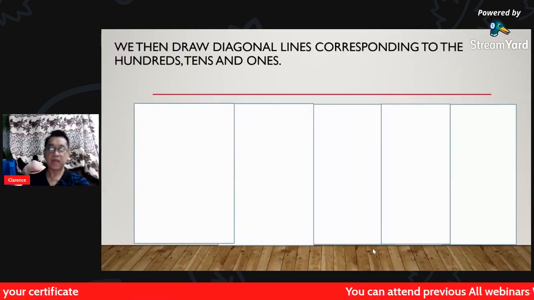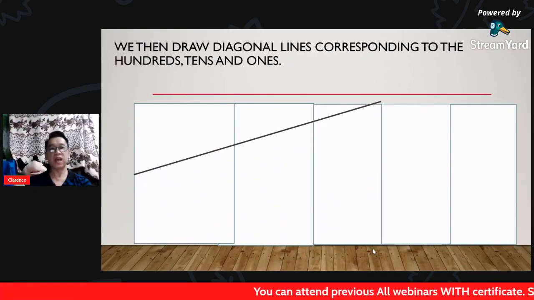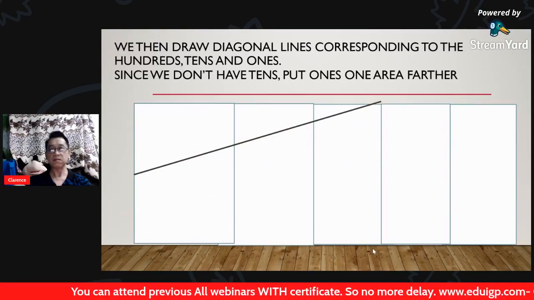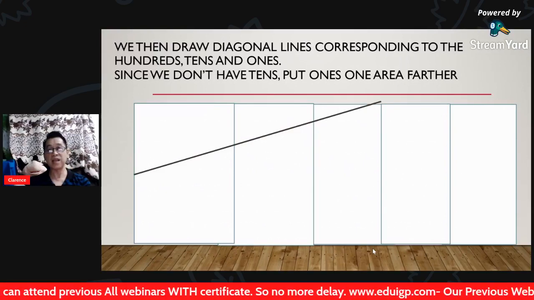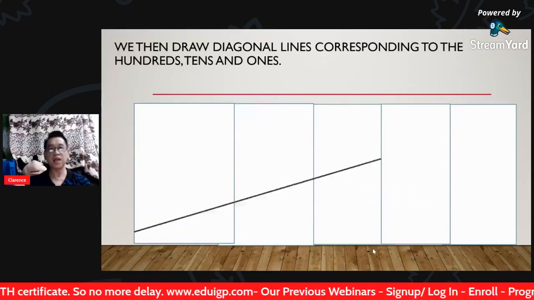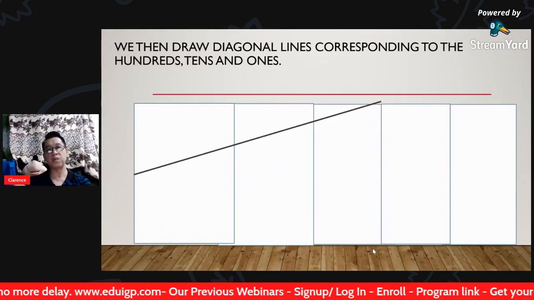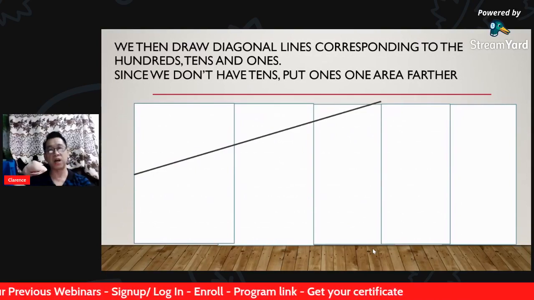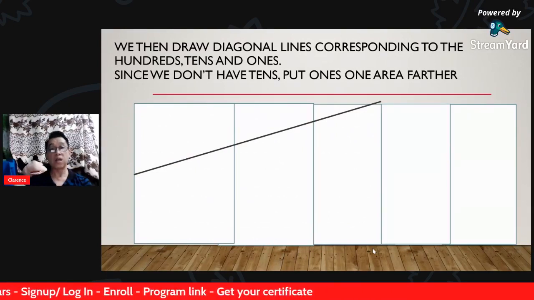We're going to draw diagonal lines corresponding to the hundreds, tens, and ones. Okay, for the hundreds, we have 103. For the hundreds, let us represent it by the black line. So we're going to represent it by one black line.